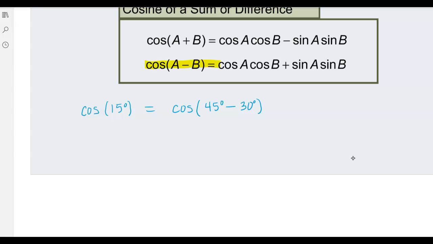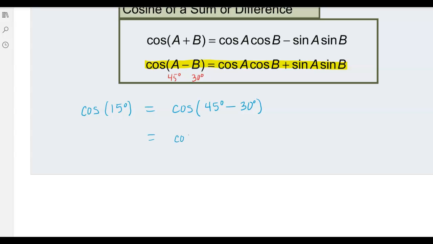Using this second version of the equation, I'm going to use A as 45 degrees. That'll be the first angle. And then B will be 30 degrees. So wherever I see A in this formula, I'll put 45 degrees, and wherever I see B, I'll put 30 degrees.